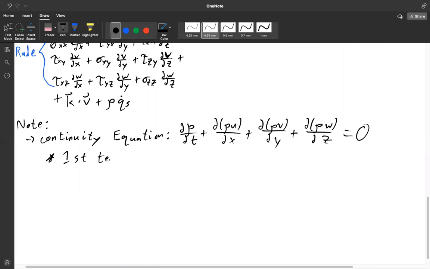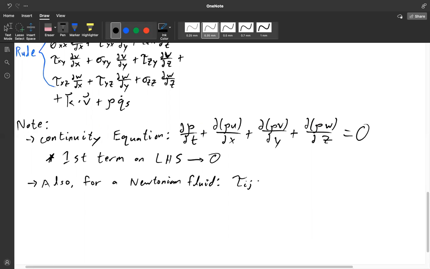First term on the left-hand side goes to 0. Also, for a Newtonian fluid, tau ij equals mu times partial vi partial xj plus partial vj partial xi.